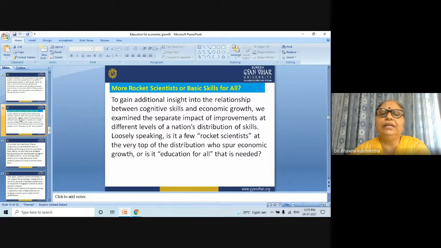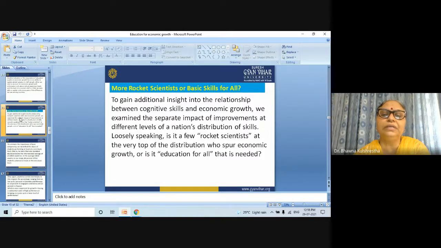To gain additional insight into the relationship between cognitive skills and economic growth, we examined the separate impact of improvement at different levels of a nation's distribution of skills.